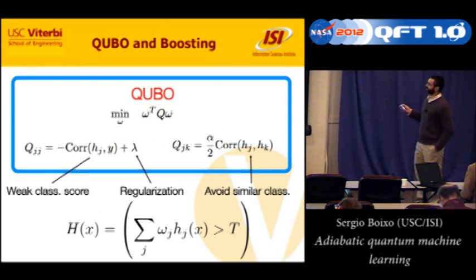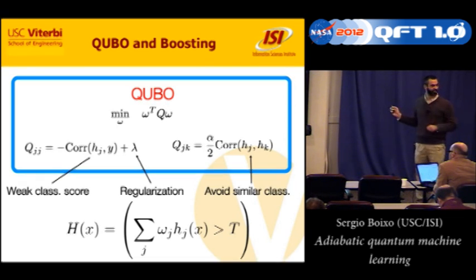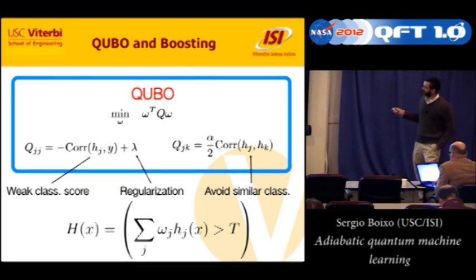The something different starts with turning our initial problem of optimizing these strong classifiers into what is called a quadratic unconstrained binary optimization. The idea is to turn the optimization problem into one that minimizes, over a binary vector omega, a quadratic function with this matrix Q. In the diagonal of Q, you put a measure of how good each of these weak classifiers is, and the regularization parameter.